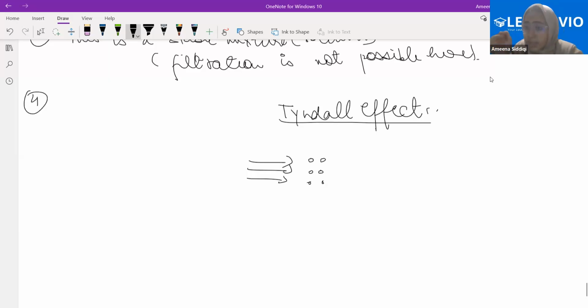When the light is not scattered, can we see the path of the light? Yes or no? No. Wonderful. Therefore, Tyndall effect is not shown by the solution. The property is that Tyndall effect is not shown by the solution.